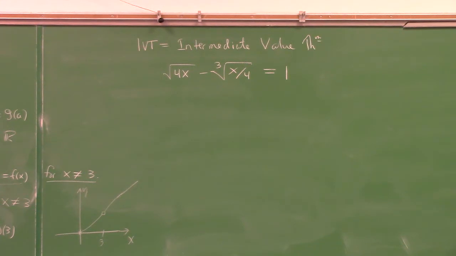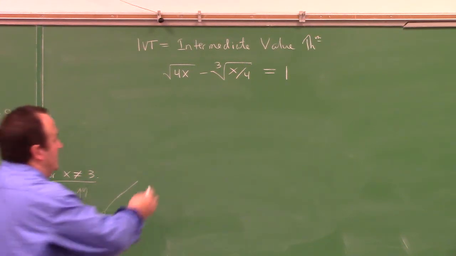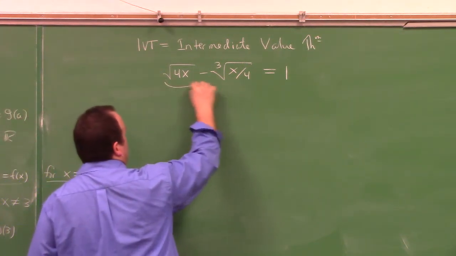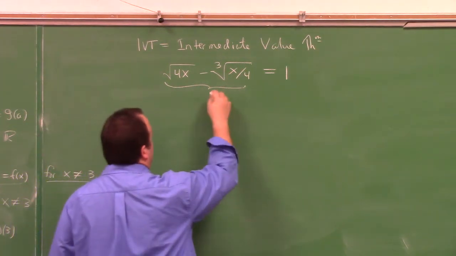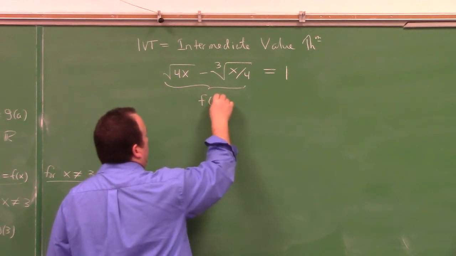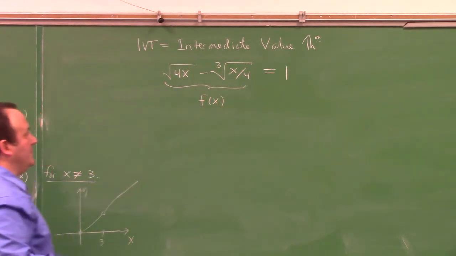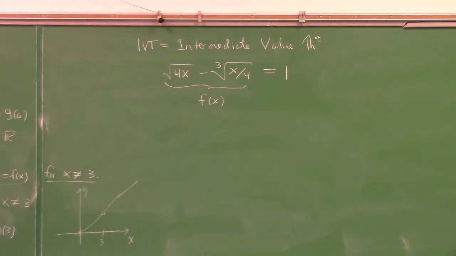The thing that jumps out at me is this right here, which I should think of as my function. We can call this f of x or g of x, whatever you like. It's a continuous function on 0 to 4. How do I know? Well, we've got the square root and the cube root.